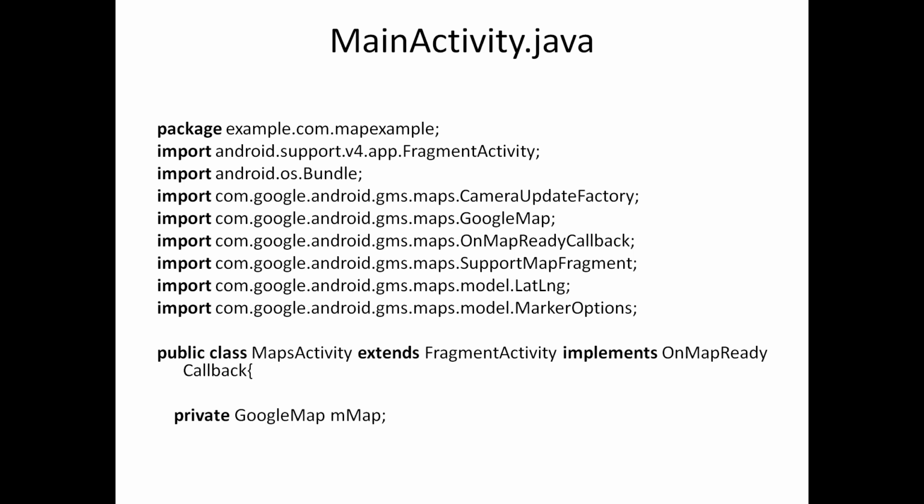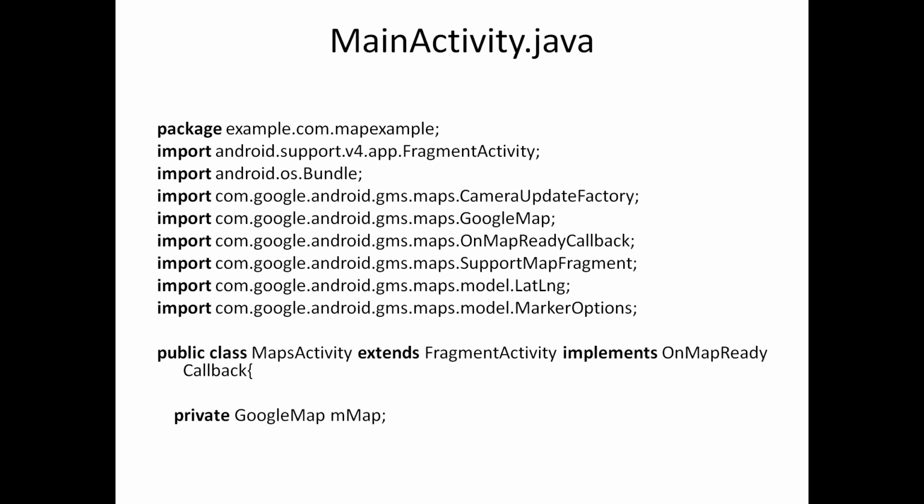For camera updates we are using CameraUpdateFactory, and for utilizing Google Maps we are using the GoogleMap package. For map ready callbacks we are using OnMapReadyCallback, and for supporting the fragment in that map we are using SupportMapFragment. And for latitude and longitude marking we are using the LatLng package.